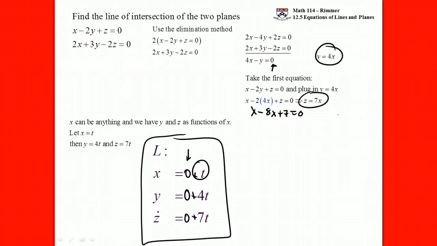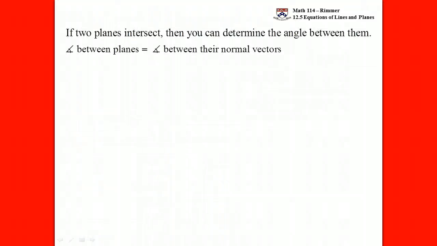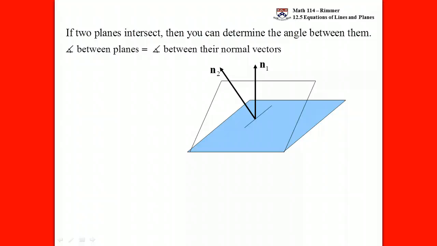That's the equation of the line of the intersection between these two planes. Okay. And we can find the angle between the planes. It's true that the angle between the normal vectors is the same as the angle between the planes.